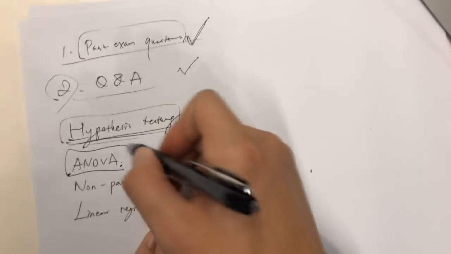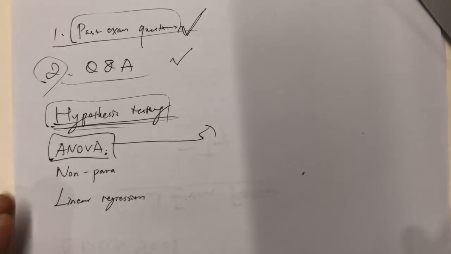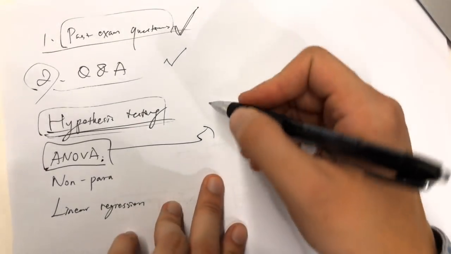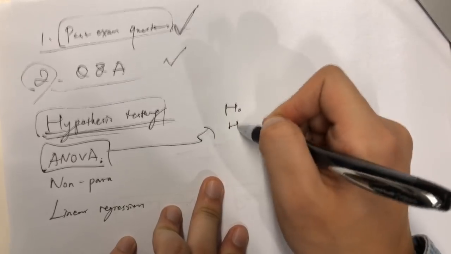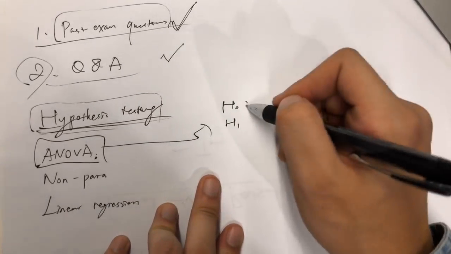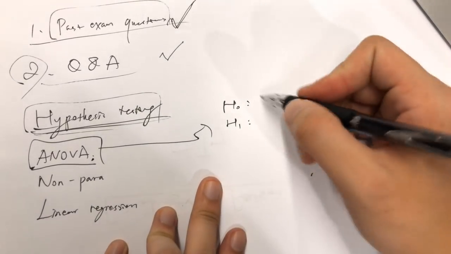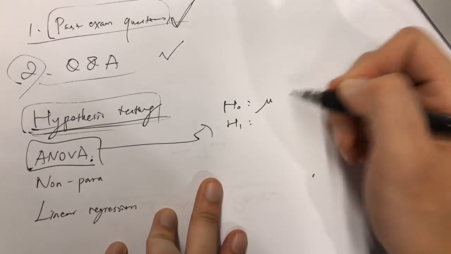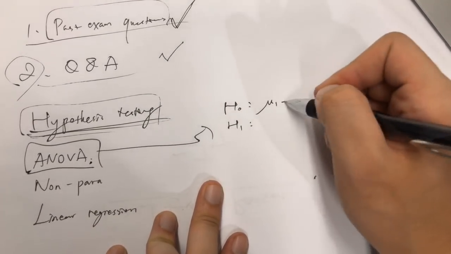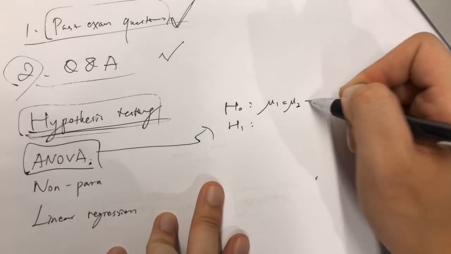Now, before we move on to a specific question, let's think about the problem, ANOVA. What do you think the ANOVA is testing? Or what are the null hypothesis and alternative hypothesis for the ANOVA test? Well, great. So basically, we're going to test whether multiple population means are equal or not.